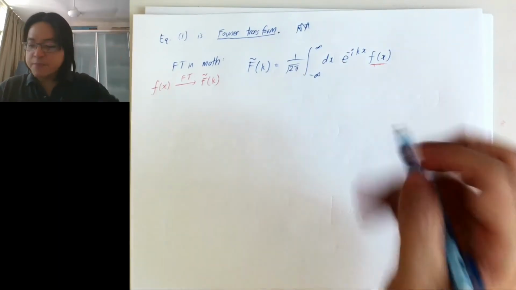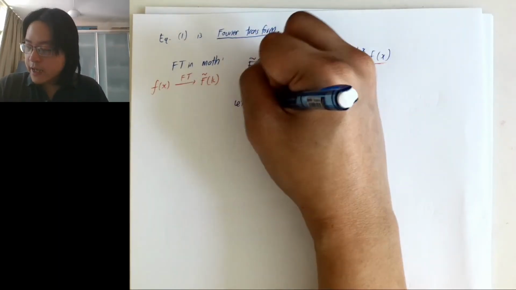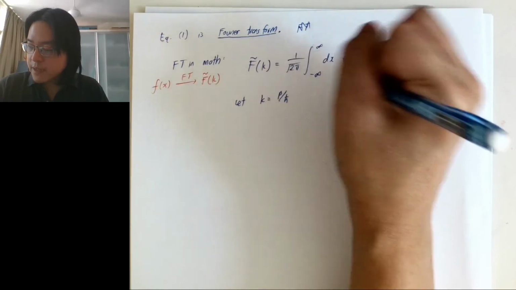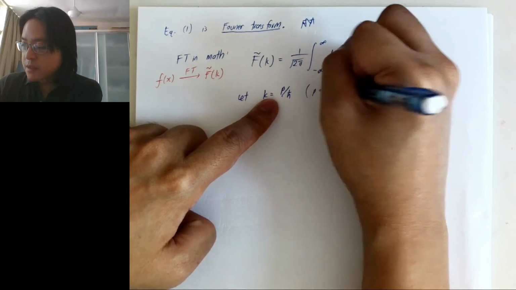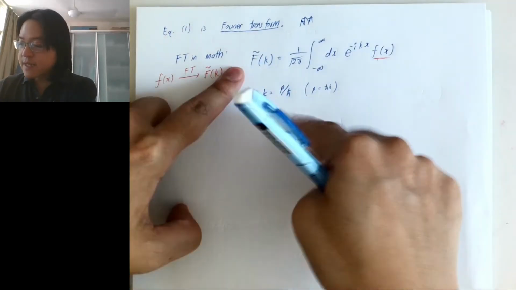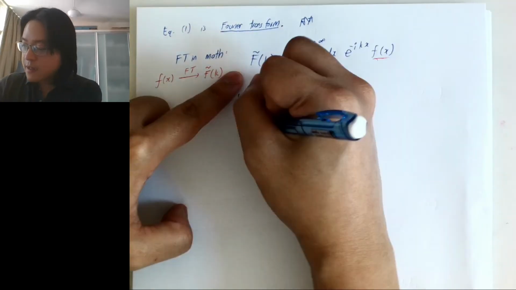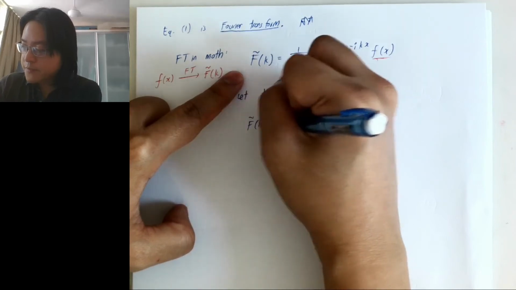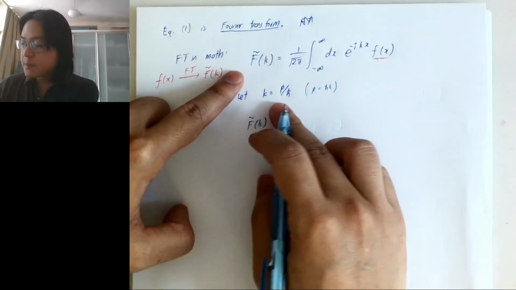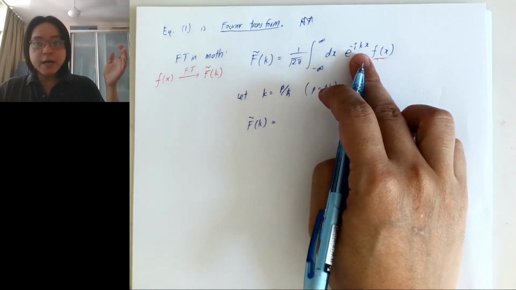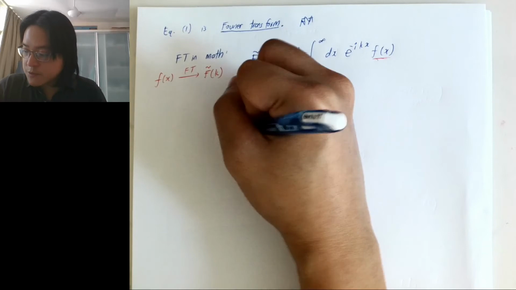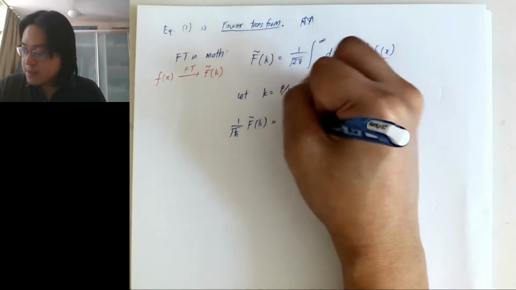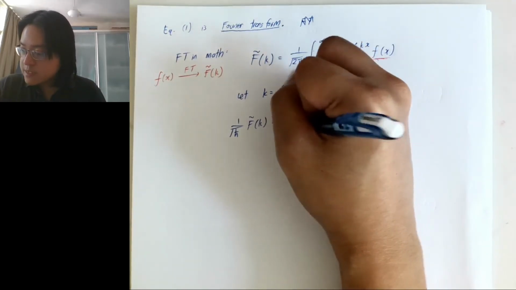Except there is an h bar. So I'm going to let k equal p over h bar, right? So we get the familiar de Broglie relation, right? So if I let this, then what we have here is that my Fourier transform becomes a function of p over h bar, and let me multiply both sides by 1 over square root of h bar, so that I make the coefficients the same on both sides of the equation.